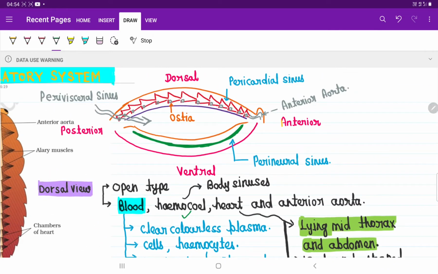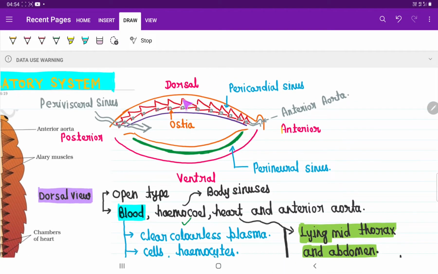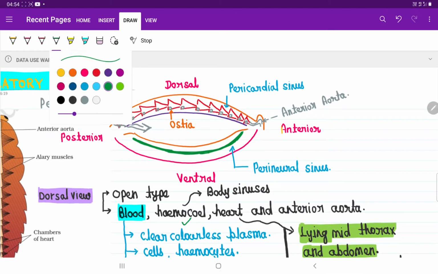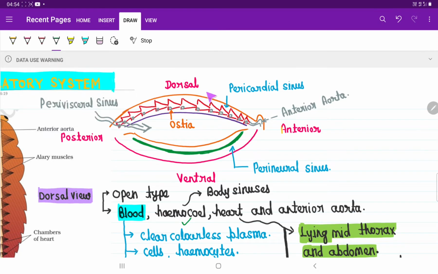Now their body can be divided mainly into three body cavities. This upper one, on the dorsal side, is called the pericardial sinus, because it accommodates the heart. And then this lower one is the perineural sinus, because it accommodates their nerve cord.